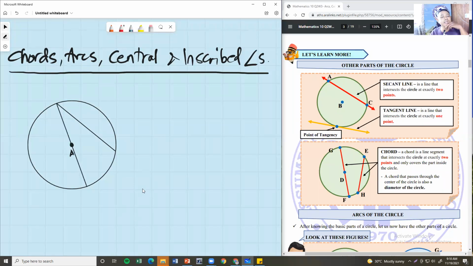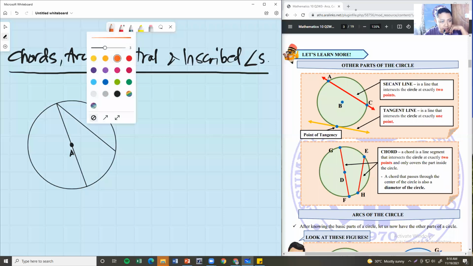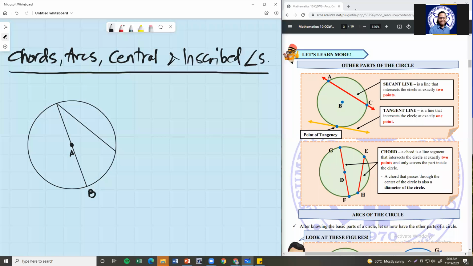Okay. So we now have this figure. I want you to be keen in analyzing these images. Let me name the points here. This is point B. This is point C and point D. Ready? Okay. What do you call line segment CD?